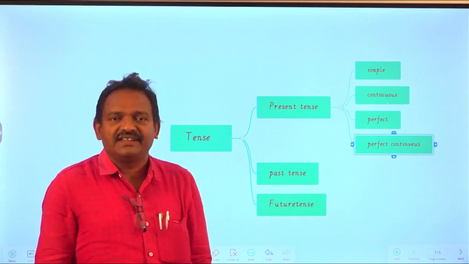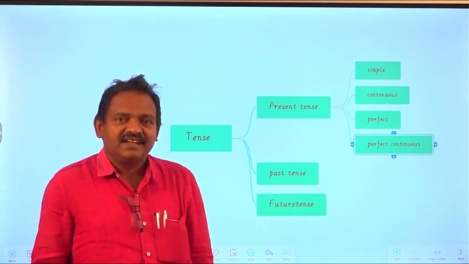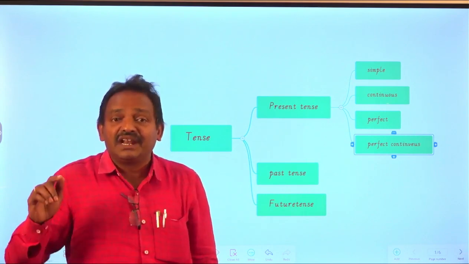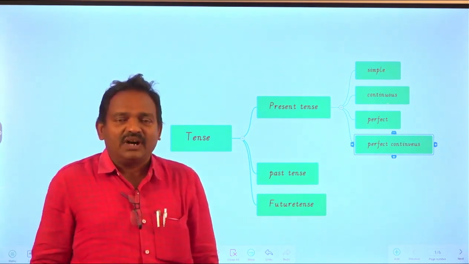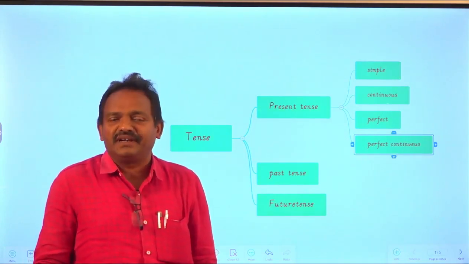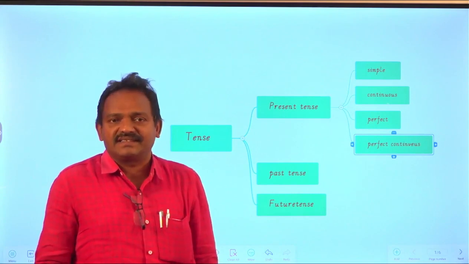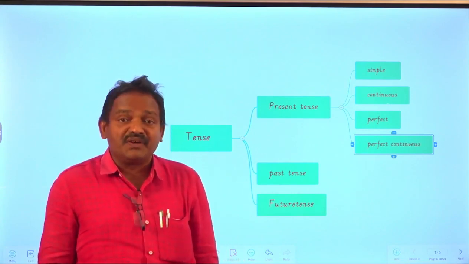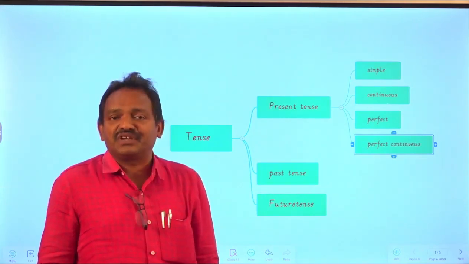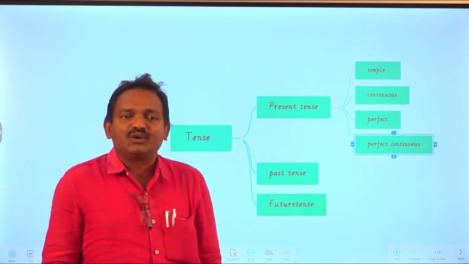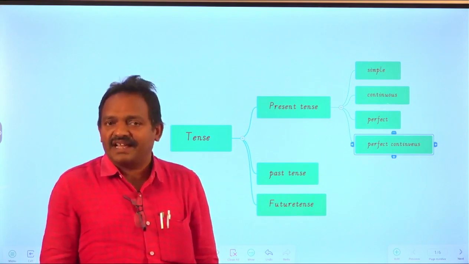You see, once again, the time of an action, what action we are doing at present, and the degree of its completeness, what status the action is in. Both these things depend on tense. Basically, in English grammar, there are three types of tenses.